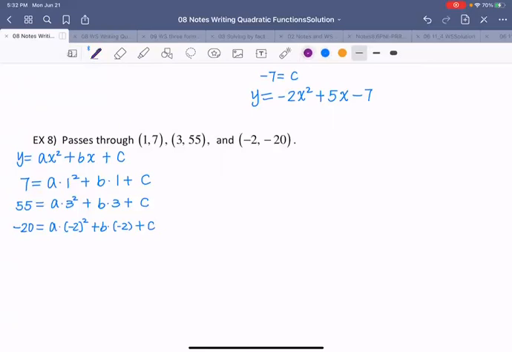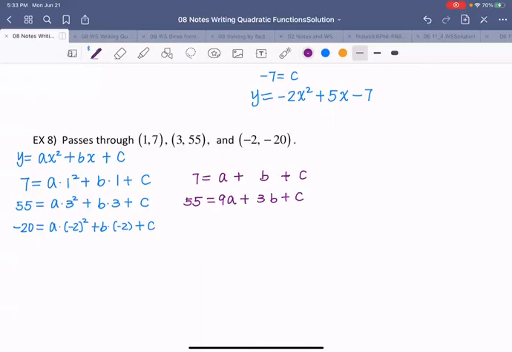I like it. Now let's write down this. Let's write one more step. This is a, this is b, this is c, okay? Go ahead, tell me the second equation. 55 is equal to 9a plus 3b plus c. Okay.